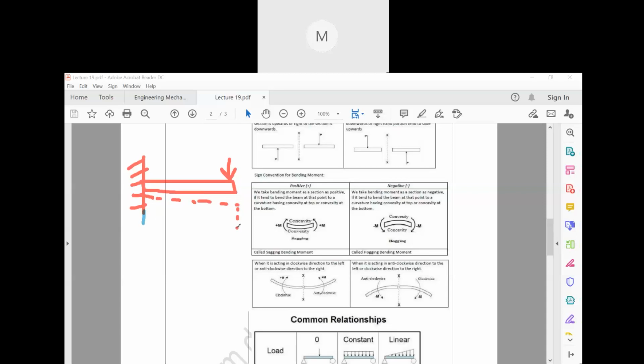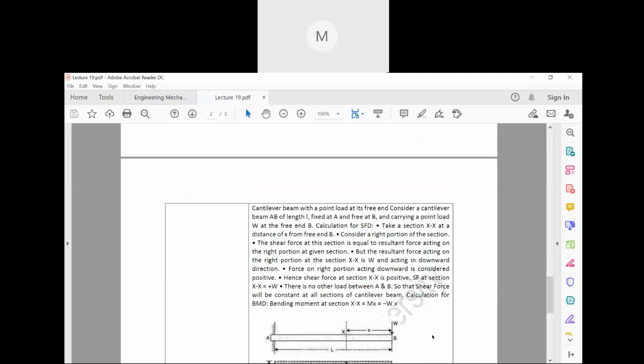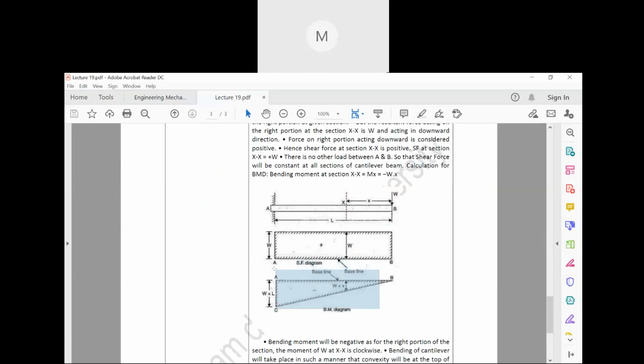So this is how it is coming, right? It is bending in this manner because of the application of the load W, so it will look like this. So we are considering the bending moment to be negative. If you see the negative sign here, this is how it is being done.